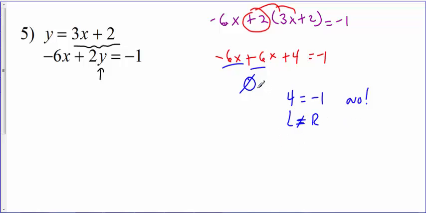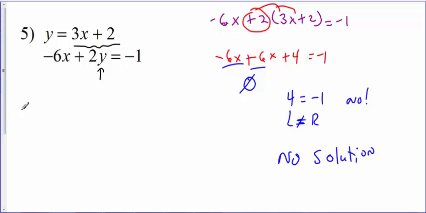This scenario happens when we have either parallel lines or the same lines, which in this case, because the left side did not equal the right side, we're left with 4 equal to negative 1. This is the case in which the variables drop. Left side does not equal right side, so therefore this is a parallel line, and we know that the answer is no solution.